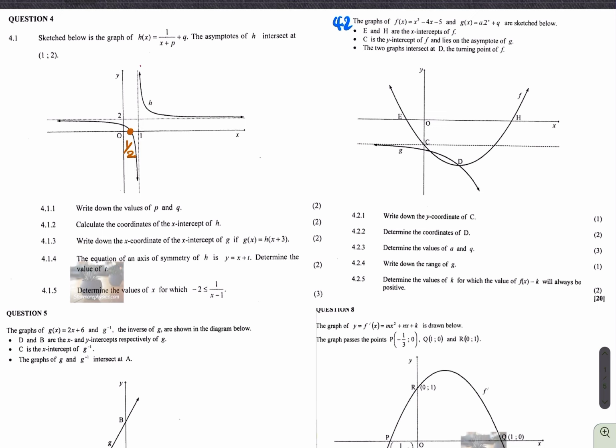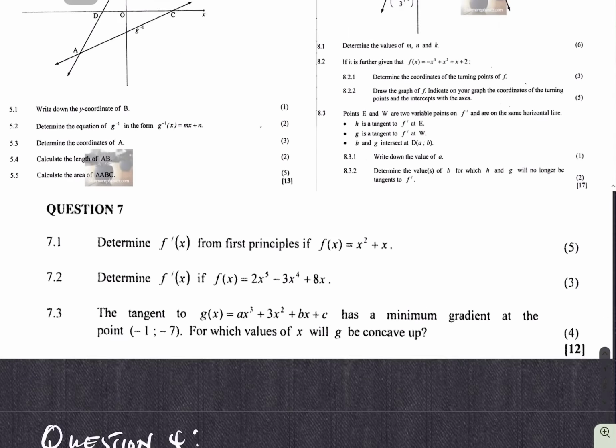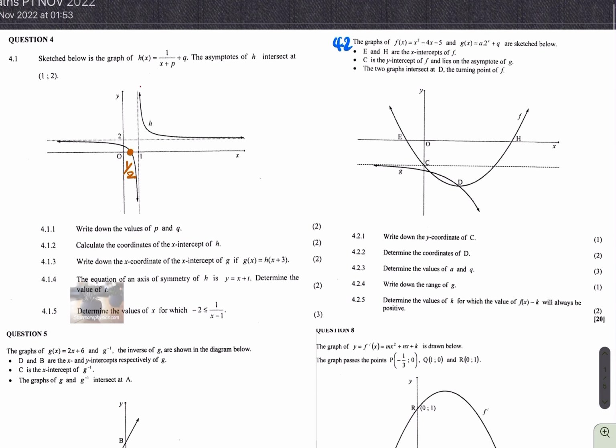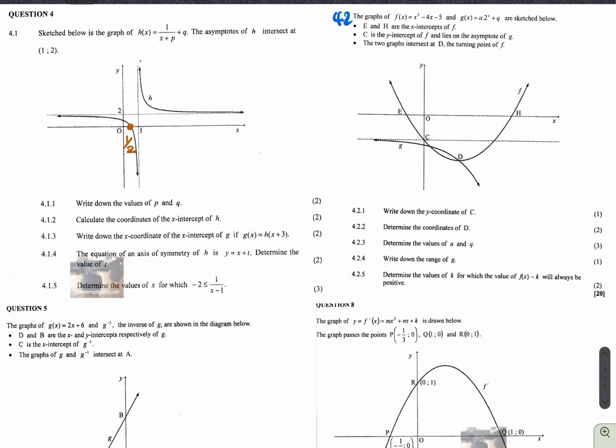Please guys, read the question. They are not saying write down the coordinates of the y-intercept. They are very specific, to say write down the y coordinate of C. I'm going to emphasize that. They want only the y value at that point, and that is y equals negative 5.